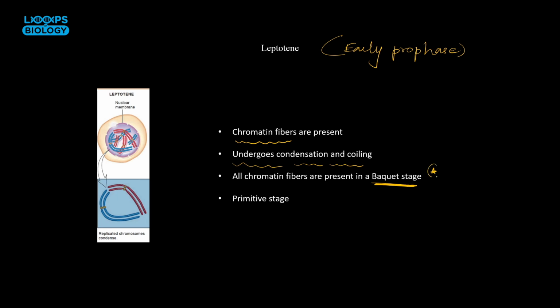This is very, very important as far as match the following is concerned. NEET aspirants preparing for this chapter should know the typical terms related to every phase of prophase 1. This is the primitive phase where the nuclear membrane is still intact, and there is just coiling and condensation of chromatin fiber.